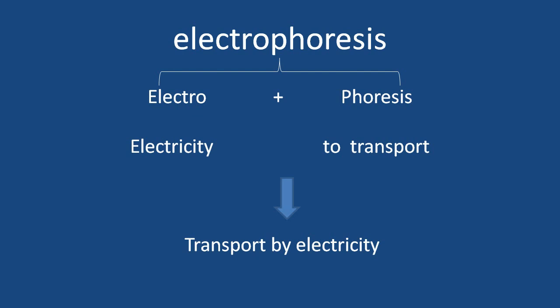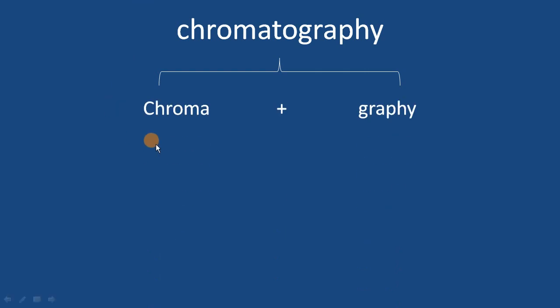Second term we will study is chromatography. Just like electrophoresis, the term chromatography is also a combination of two terms, chroma and graphy. Chroma stands for color, graphy means to write.